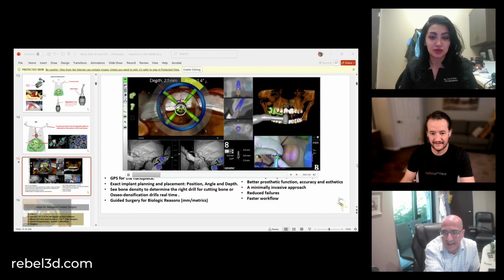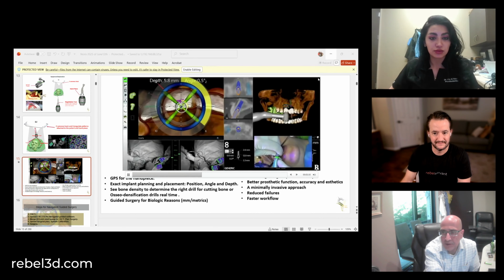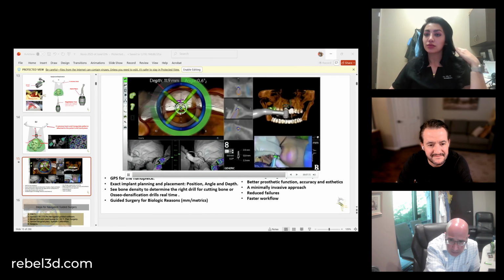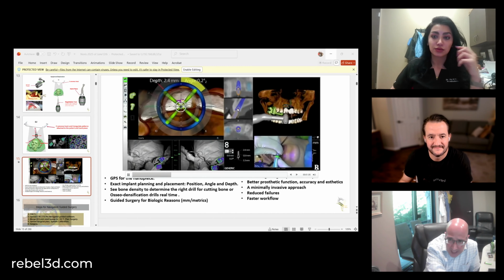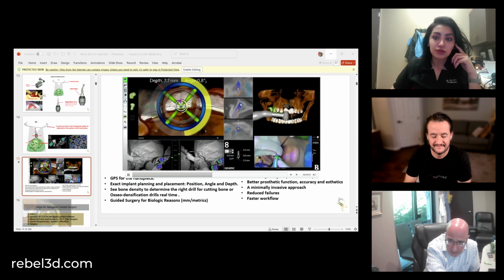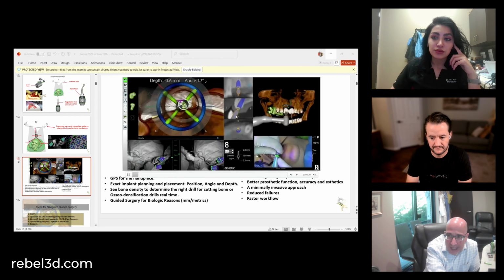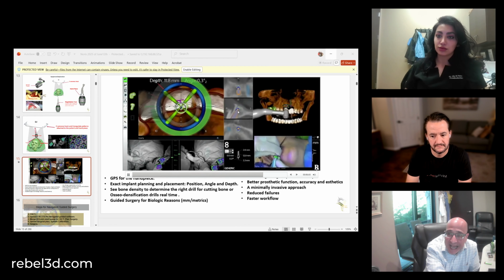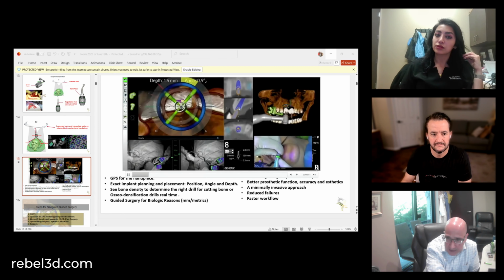Even when you're sharing your screen, if you look at this particular screen here, when you drill, basically you see the bone. If you notice this bone here, I can tell exactly that I'm in the middle, I'm going through the pass, and I can see how dense this bone is.